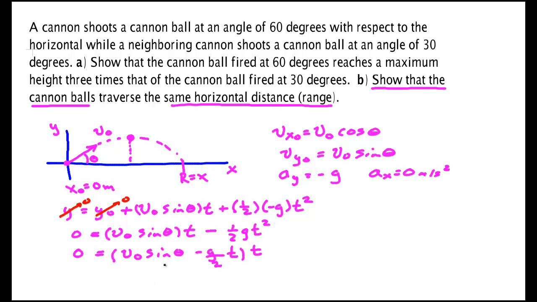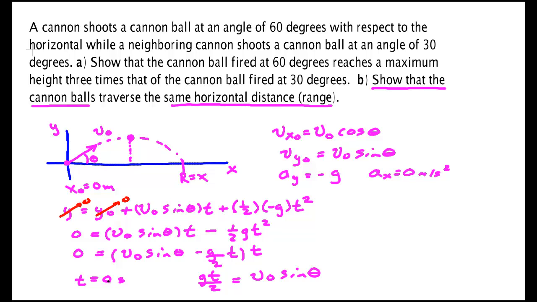And if either one of the two factors, either this term or that term, is 0, then the equation is true. So one solution is t equals 0 seconds, and the other one is that g t over 2 has got to equal V0 sine theta, so that this term is 0.